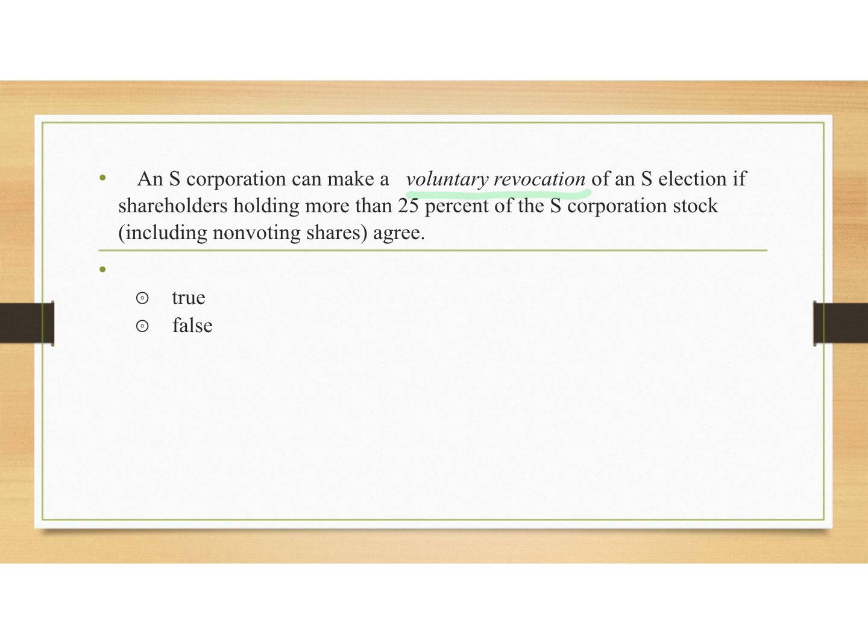But in this situation, if you've got shareholders and they hold more than 25% of the S corporation stock and they agree, can they voluntarily vote to revoke the S corporation status? All right, and the answer is no, they cannot. So this is false.